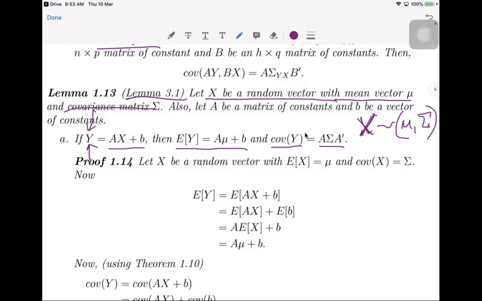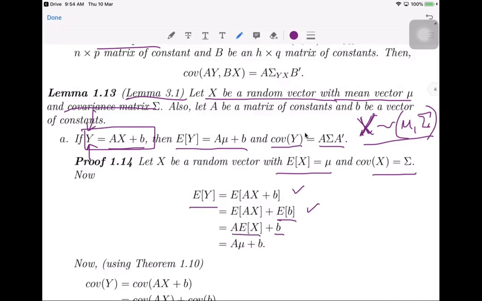For the proof, by assumption, you know that your random vector X has a mean mu and a covariance sigma. So the transformation Y is equal to AX plus B, which is this one. By linearity of expectation, you have that one. The expectation of a constant is just a constant.